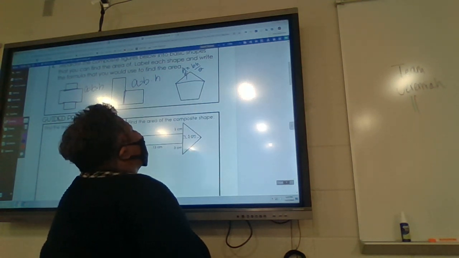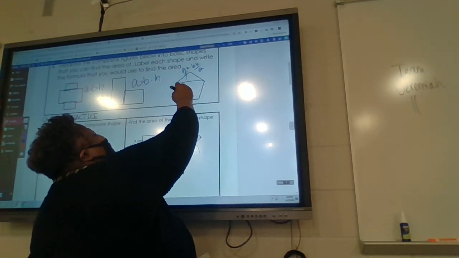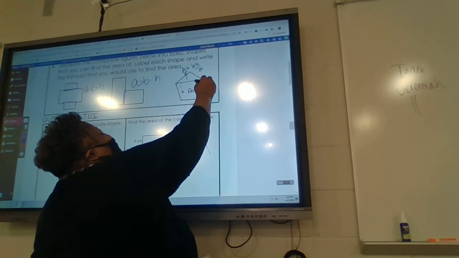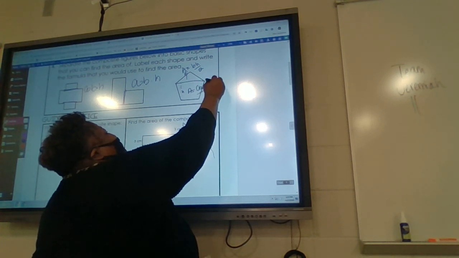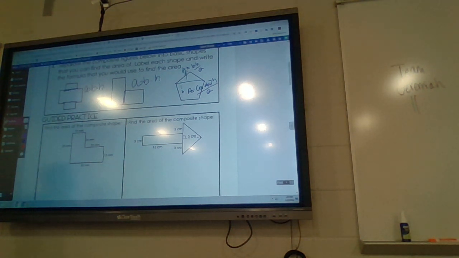And for my trapezoid, you have my base and my height right there. So my area equals base 1 plus base 2 times the height, divided by 2. If you can't read that, you should have those formulas in your folder.